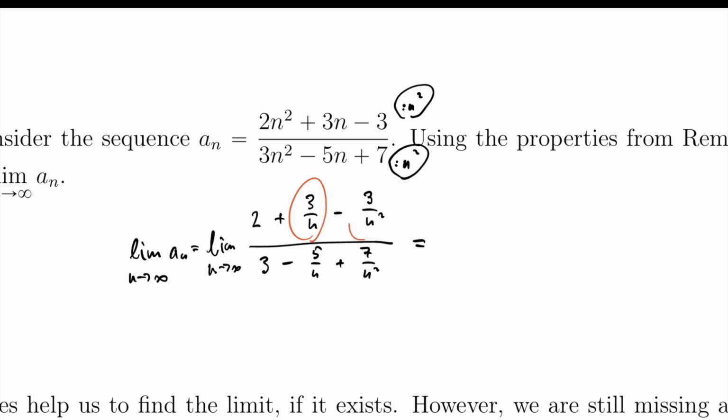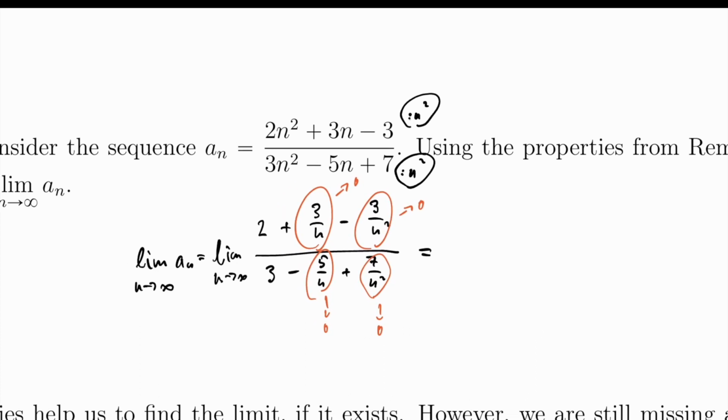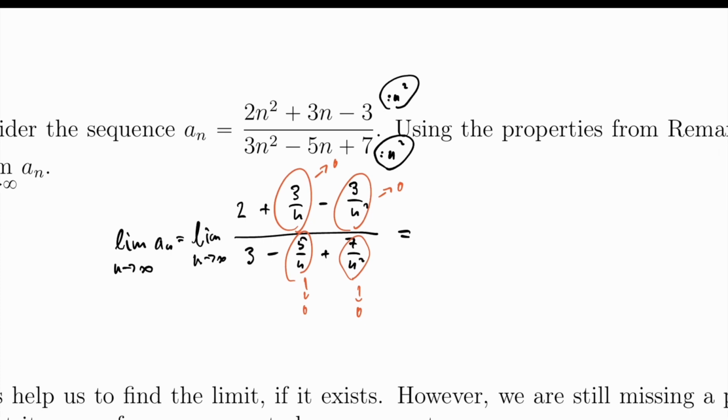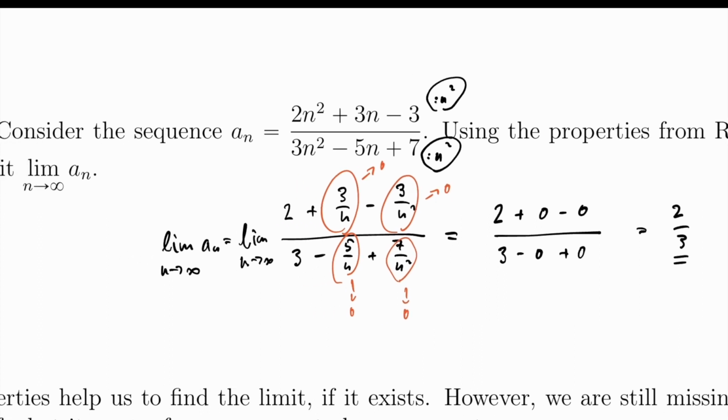This here approaches 0, this here approaches 0, so those all approach 0. I'm not going to write it out, but I can take this lim n towards infinity to each of those 3 parts on top and bottom, and then just take the limit individually. And what I get here is 2 plus 0 minus 0 over 3 minus 0 plus 0, and that's just 2/3. So here the limit is just 2/3.